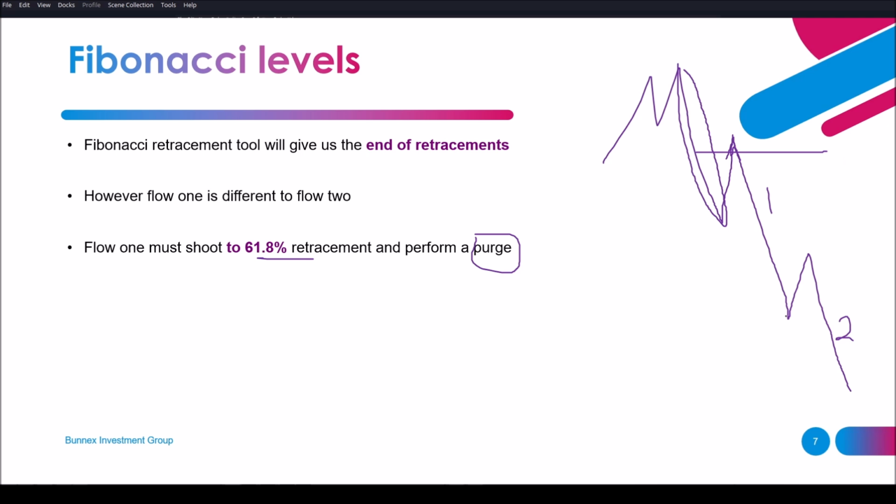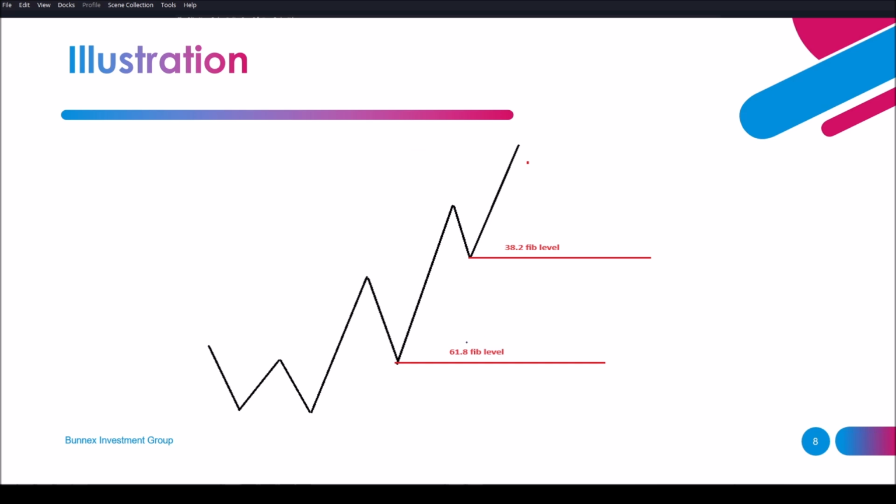Then flow 2 must retrace and tap the 38.2 and perform a purge for entry, as shown below. In this case, we need first tap 61.8, second tap 38.2, perform a purge and make our entry. How do we enter the market? I'll explain that when we jump to the charts.